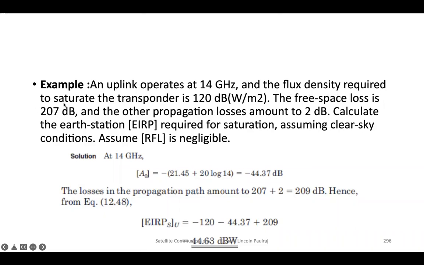The flux density required to saturate the transponder is about 120 dB, so that is your psi m. The free space loss, FSL, you can take as 207, and the other propagation losses on the whole you can take as 2 dB. You need to consider this as well. So calculate the EIRP.